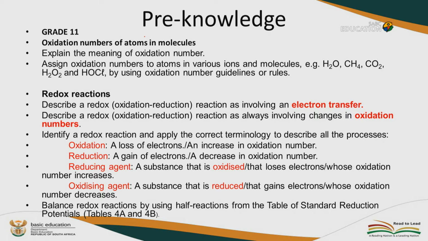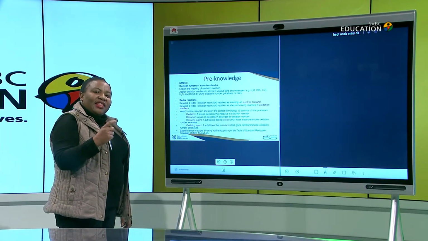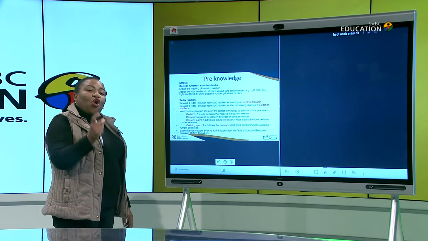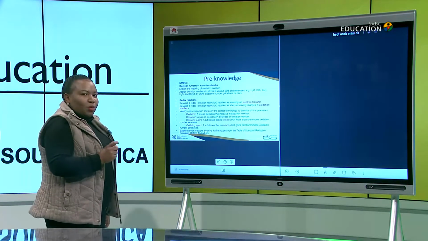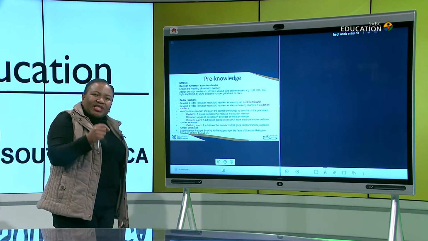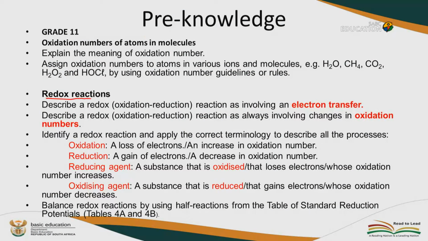Then, you must also be able to define a redox reaction. Redox is an acronym, meaning that this is an abbreviation of words. By redox, we mean reduction, oxidation, reaction. Now, a redox reaction involves electron transfer.